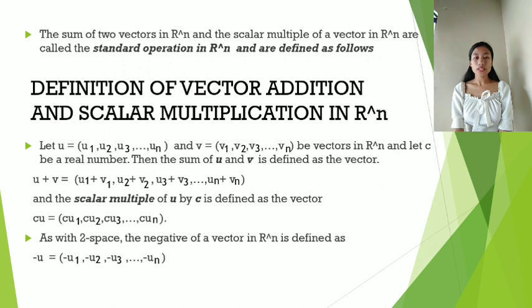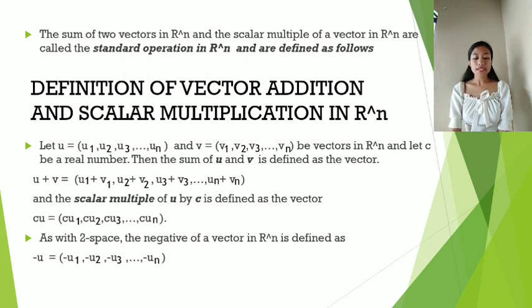Then the sum of U and V is defined as the vector U plus V is equal to (u sub 1 plus v sub 1, u sub 2 plus v sub 2, u sub 3 plus v sub 3, ..., u sub n plus v sub n). And the scalar multiple of U by C is defined as the vector CU is equal to (Cu sub 1, Cu sub 2, Cu sub 3, ..., Cu sub n).